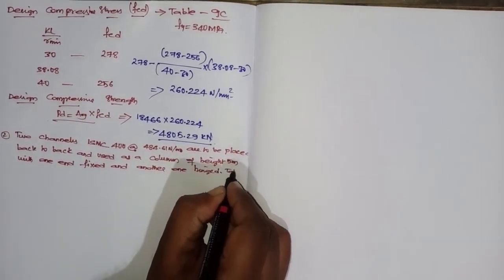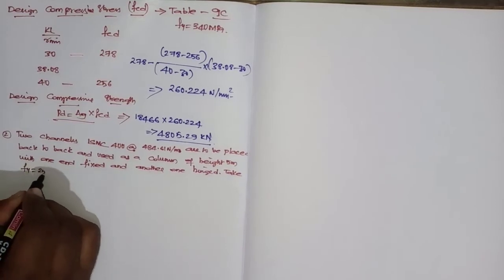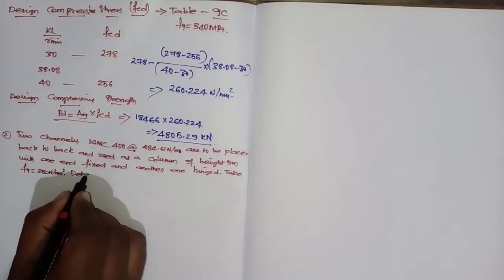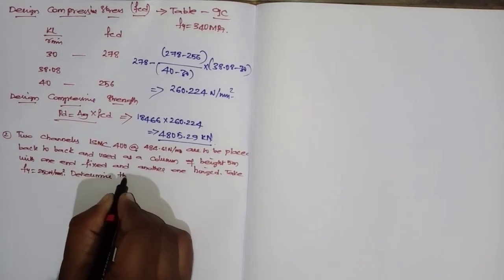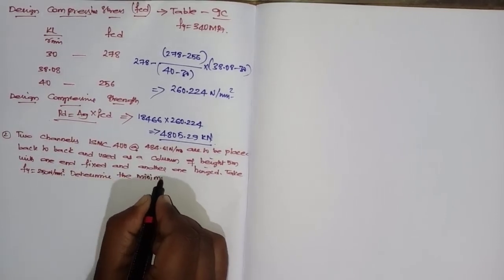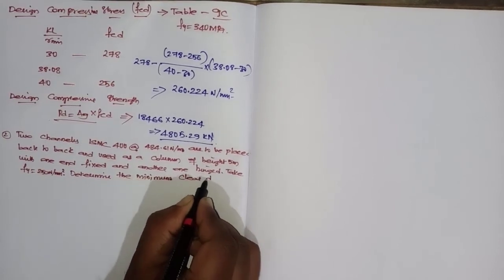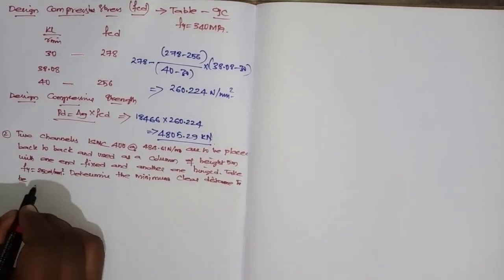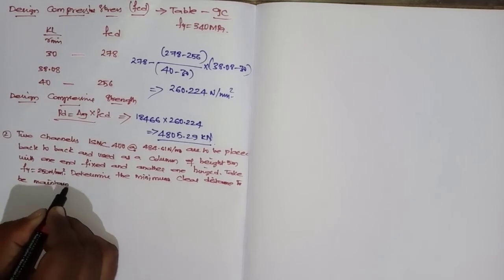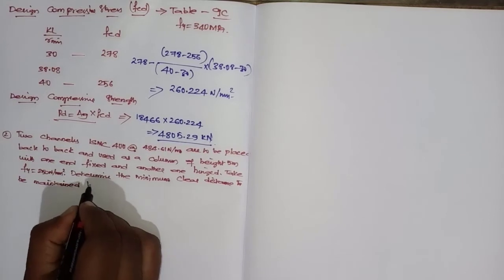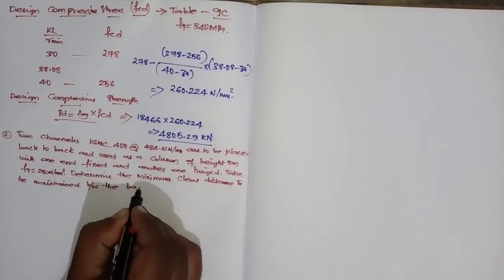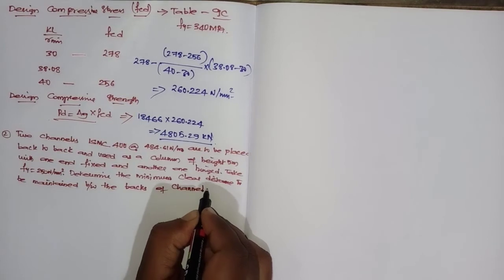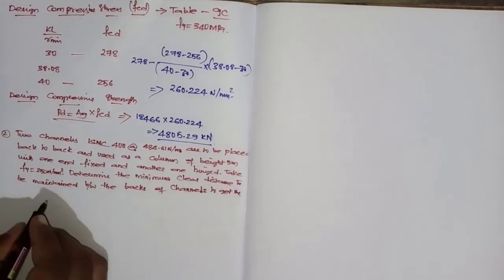Take Fy as 250 Newton per mm square. Determine the minimum clear distance to be maintained between the backs of channel sections to get the maximum strength.